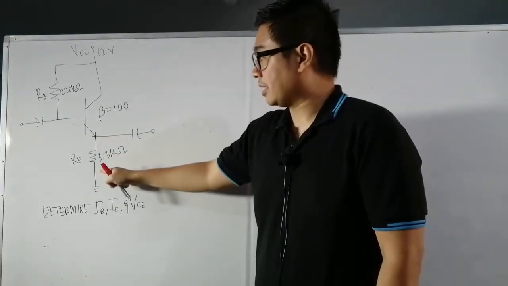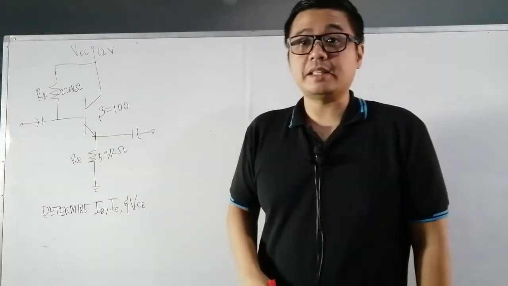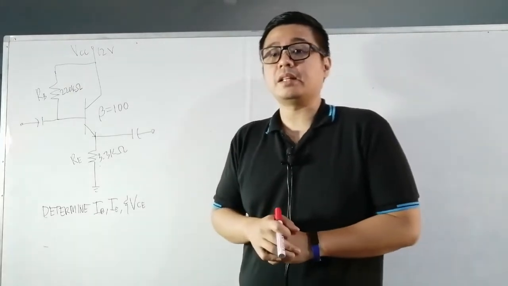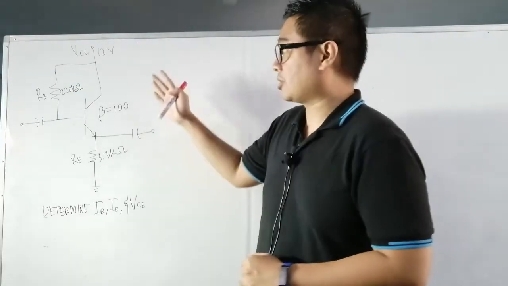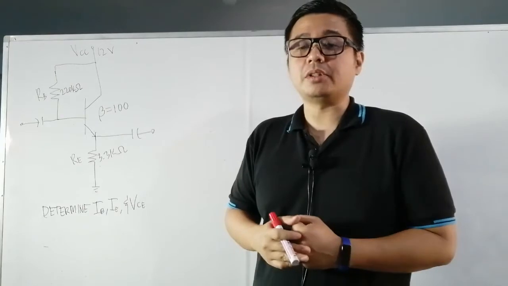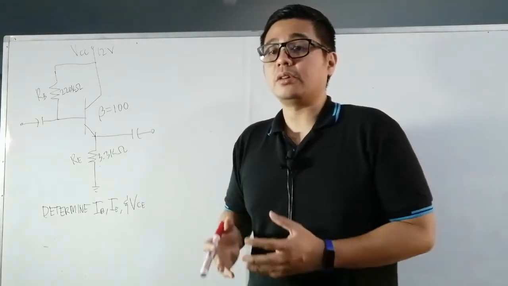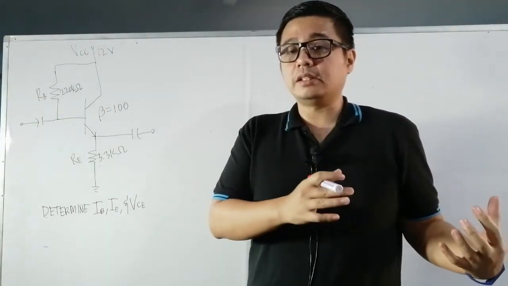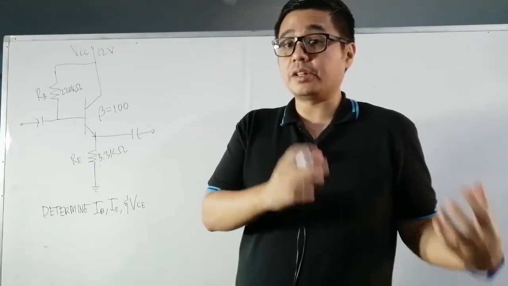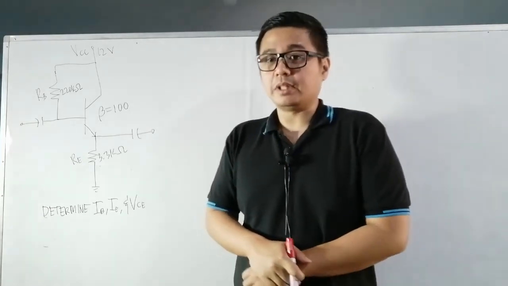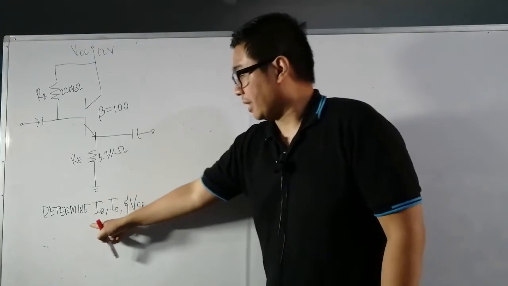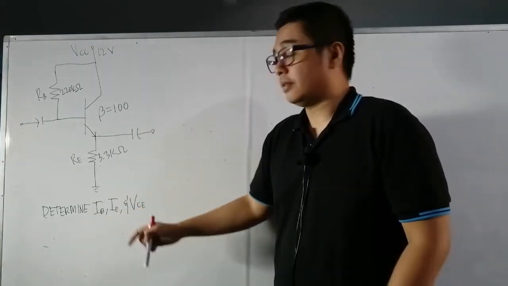And the emitter, kung mapapansin natin, yung RE, wala nang supply sa ilalim. Unlike yung naunang example natin, meron tayong negative supply. This is just another variation of the common collector configuration, although we can also use the circuit na diniscuss natin na nauna dito. Determine I sub B, I sub E, and VCE.